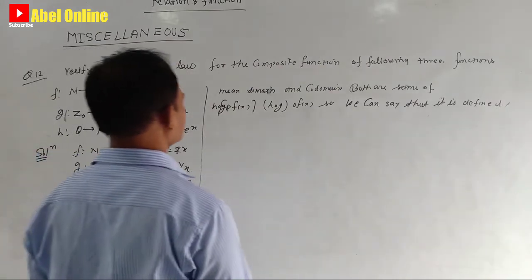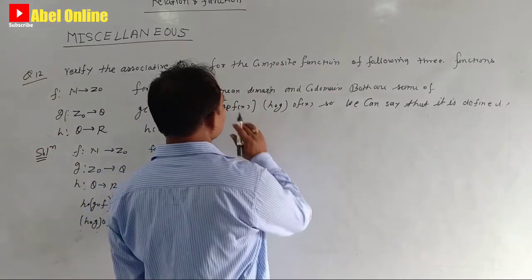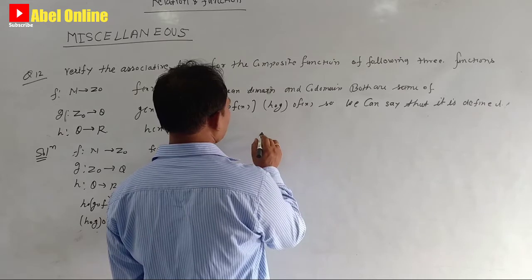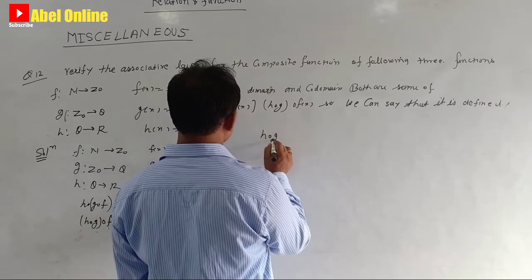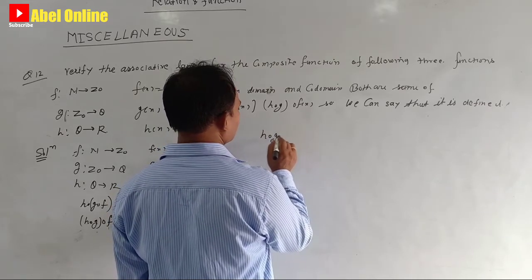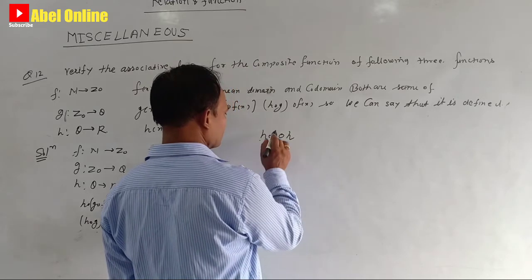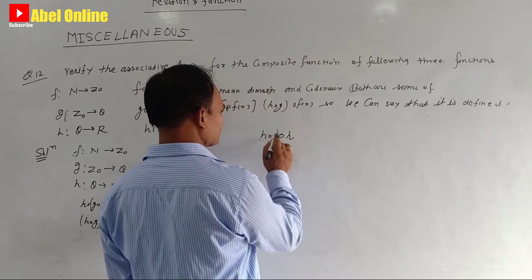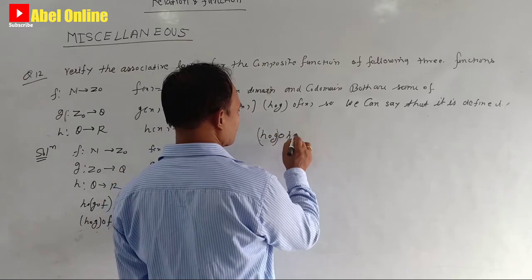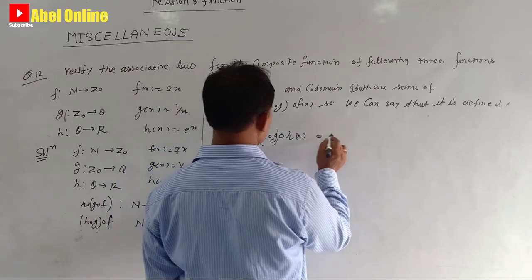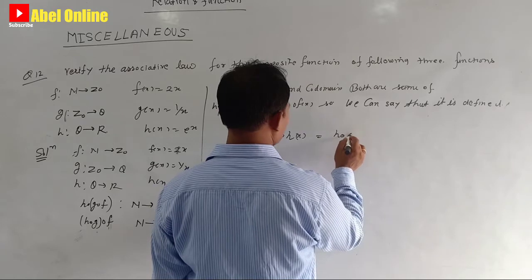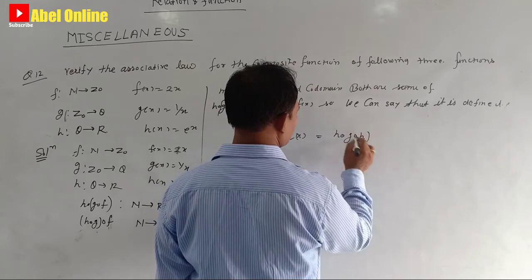Now for associative we have to prove (hog)of(x) equals ho(gof)(x).